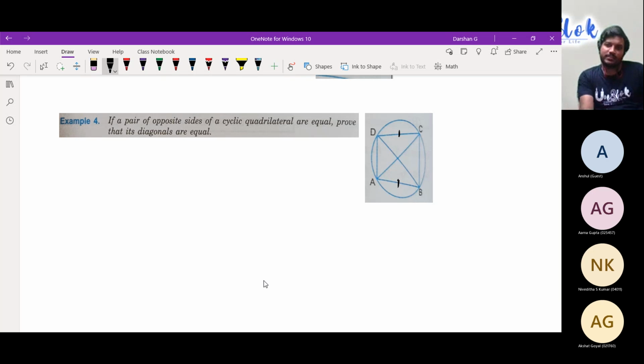You have to prove the diagonals are equal. So you have to prove BD is equal to AC. Yeah, anybody with the answer? Think slightly in a different way. So we have AB here, we have CD here, which is drawn.